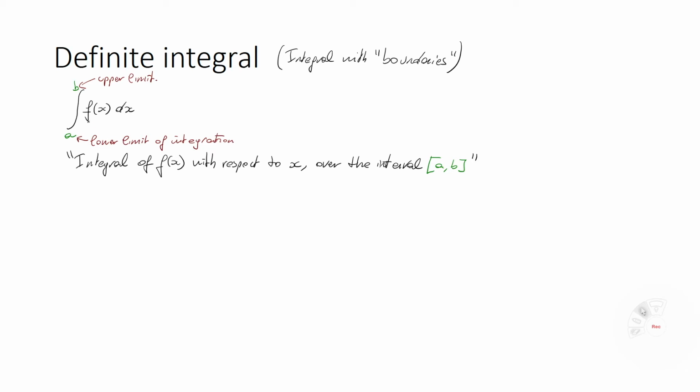And then the f of x, just like for the indefinite integral, is known as the integrand, and the dx is the differential. And now you wonder, well, okay, how do I compute this thing? Well, there is a rule for that.